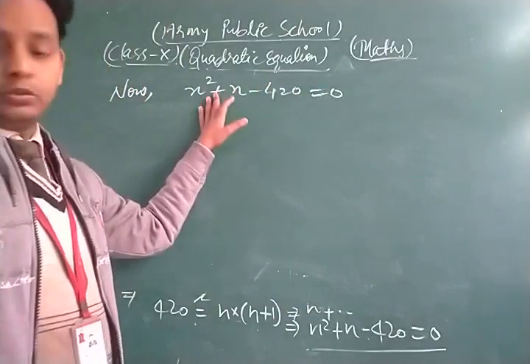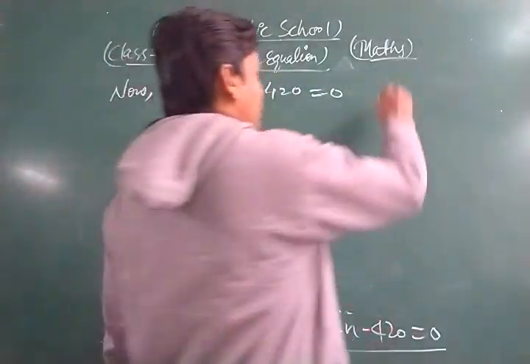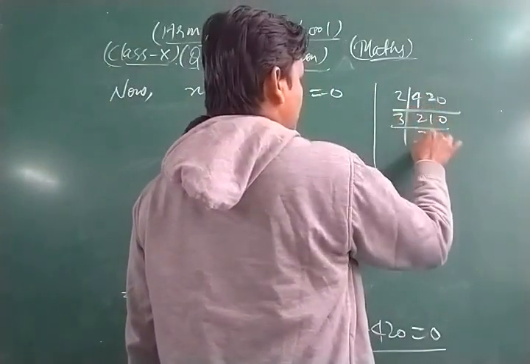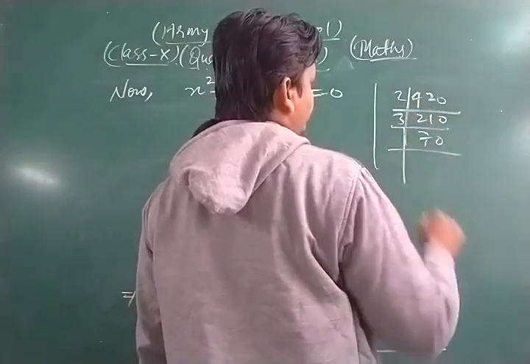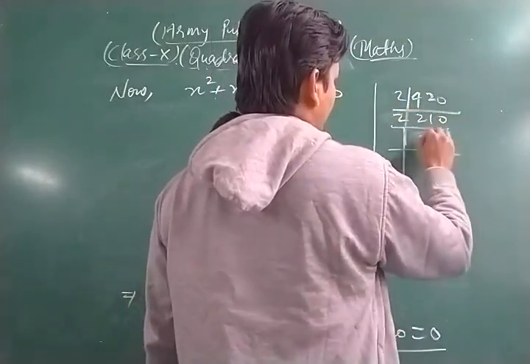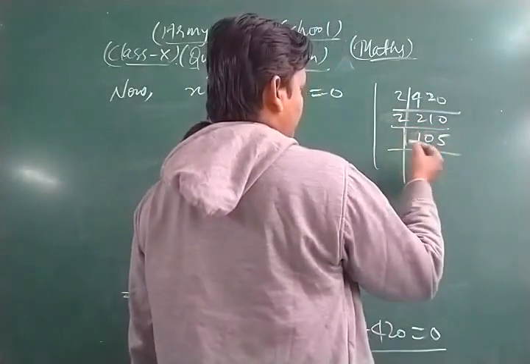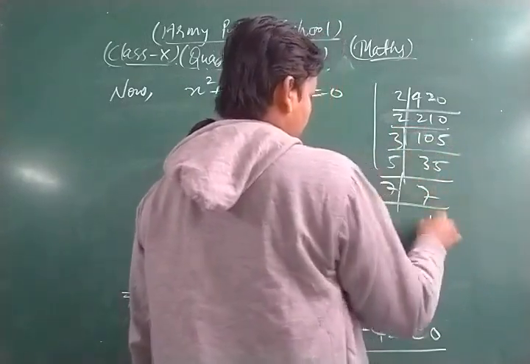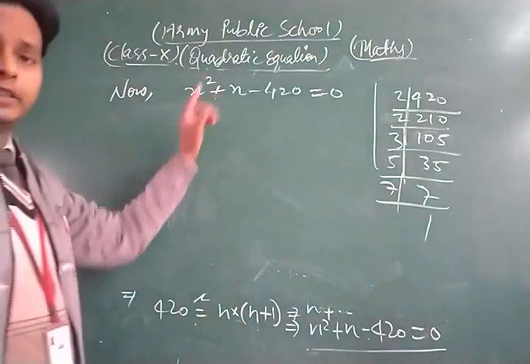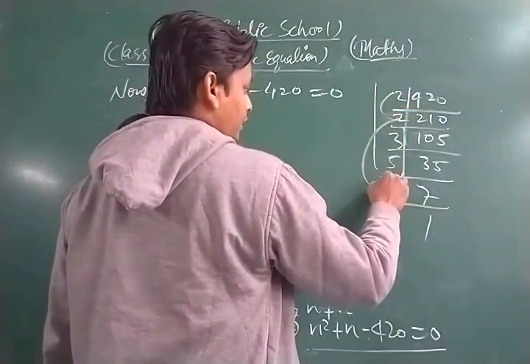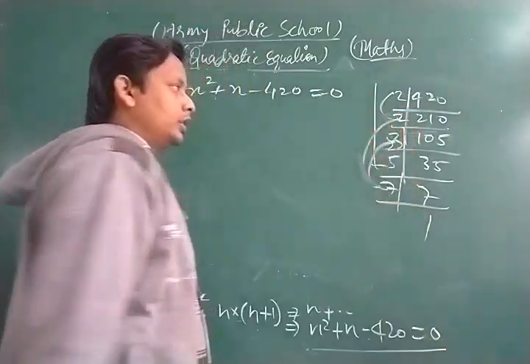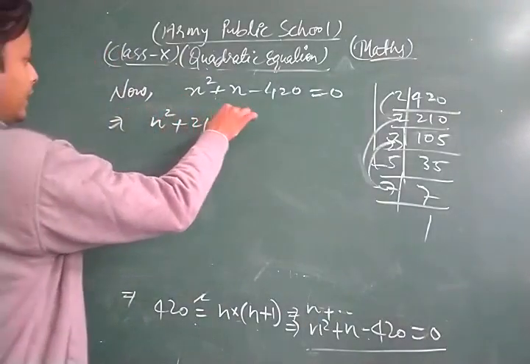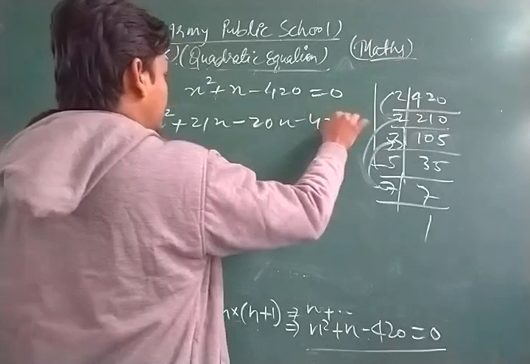Now we multiply 1 by 420 and find factors. We need two factors of 420 whose difference is 1, which are 21 and 20. Okay, we take two factors, so this is n square plus 21n minus 20n minus 420 is equal to 0.